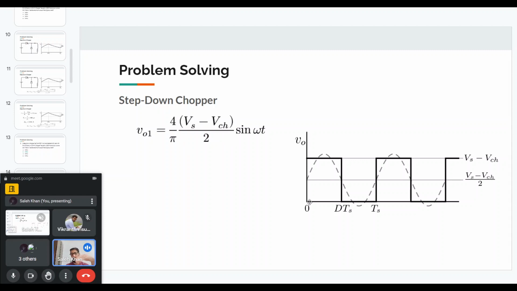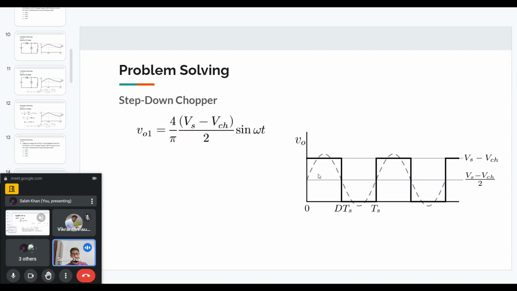If the square wave was positive and negative, that means if I remove the DC component from the square wave, that means we will have zero term here. The peak of the square wave will go to (Vs minus Vch) divided by 2. So that is how this term comes.